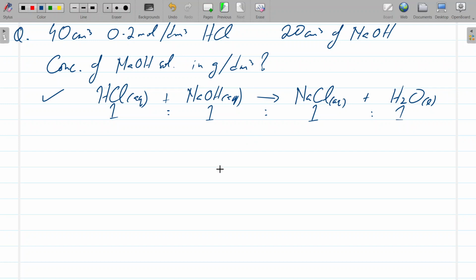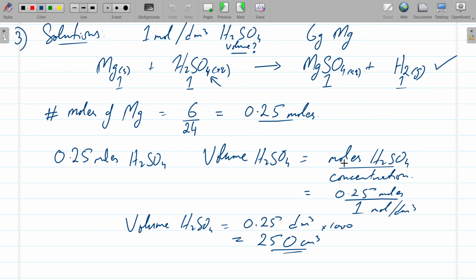Now, what you have been given is the volume and the concentration. So we need to find the number of moles. What we need to find out right now is the number of moles, right?